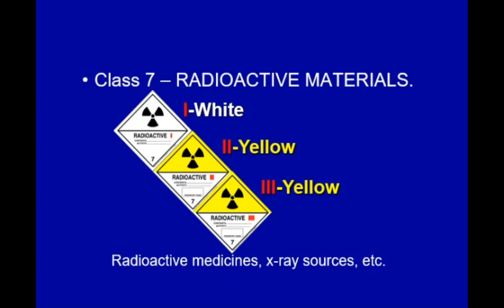Those are the three categories of class 7 dangerous goods, and they are all radioactive materials. Examples are radioactive medicines that we take, then X-ray sources, and others. The only class of dangerous goods that does not have divisions but rather has categories is class 7. Please note, it doesn't have divisions, it has 3 categories.